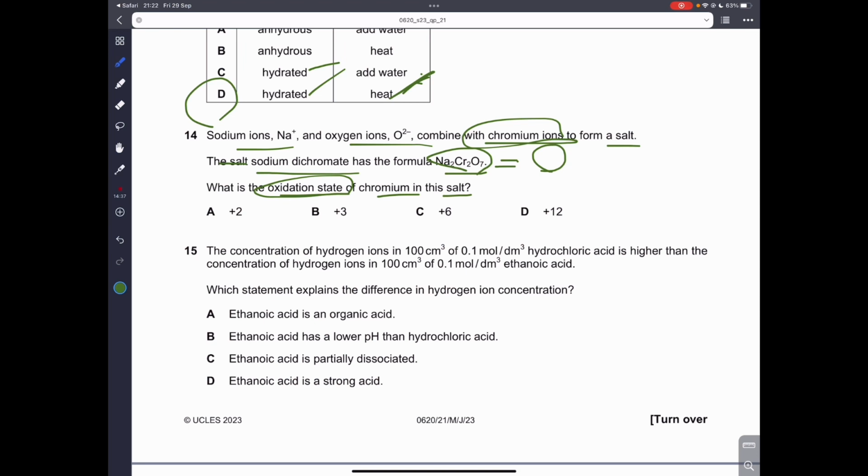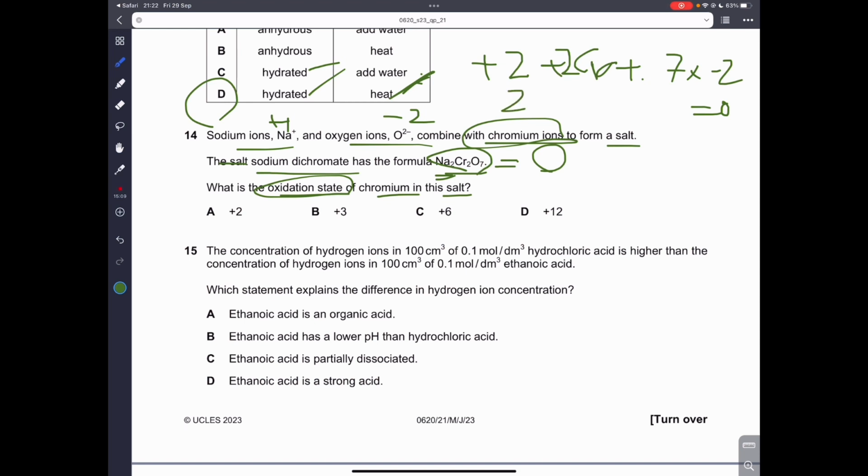Sodium has a charge of +1. Oxygen has a charge of -2. So there are 2 Na, so +2, plus 2Cr, and then there are 7 oxygen ions, so 7 times -2. This is going to be equal to 0.